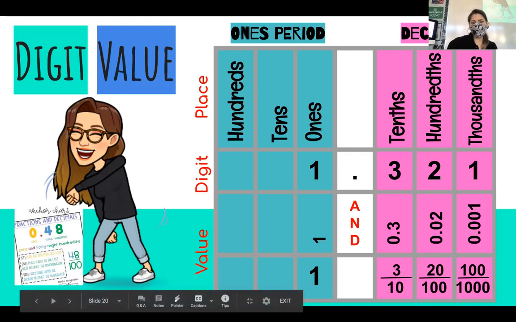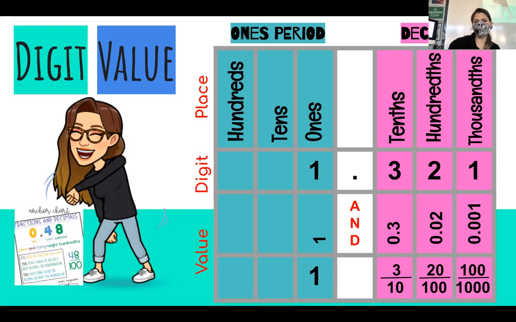All right, so when we look at this number, we know the value of our 3 is 3/10. The value of the 2 is 2/100, and the value of the 1 is 1/1000. However, knowing the value of these digits individually does not mean that when we read this number, we're going to read every single digit's value.